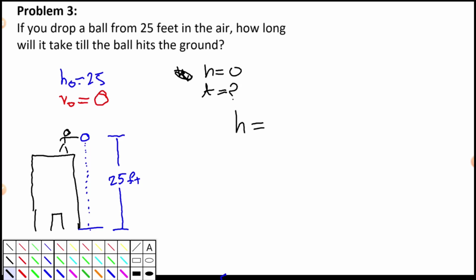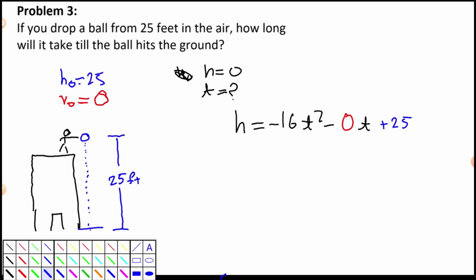H is equal to negative 16 t squared minus my initial velocity. My initial velocity this time is 0, so this is 0 times t. And my initial height is 25, so we're going to add 25.